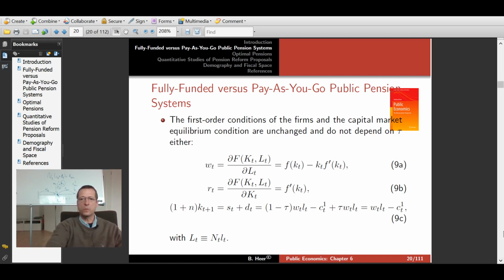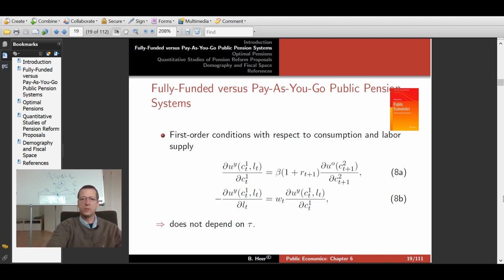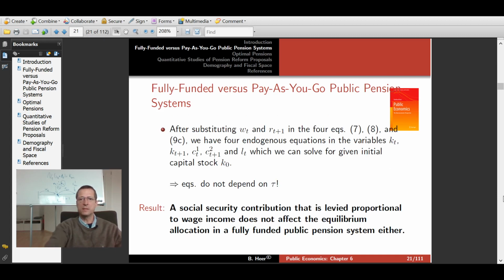So all these equations, 9a, b, c, and our two Euler equations, 8a, 8b, do not depend on the Social Security tax tau. So after substituting WT and RT plus 1 in the four equations 7, 8a, 8b, and 9c, we have four endogenous equations in the variables KT, KT plus 1, C1T, C2T plus 1, and LT.